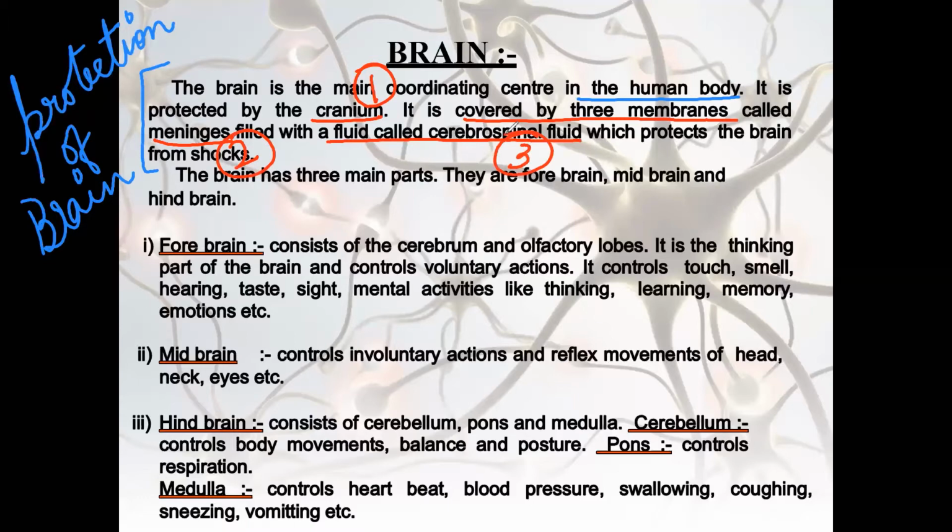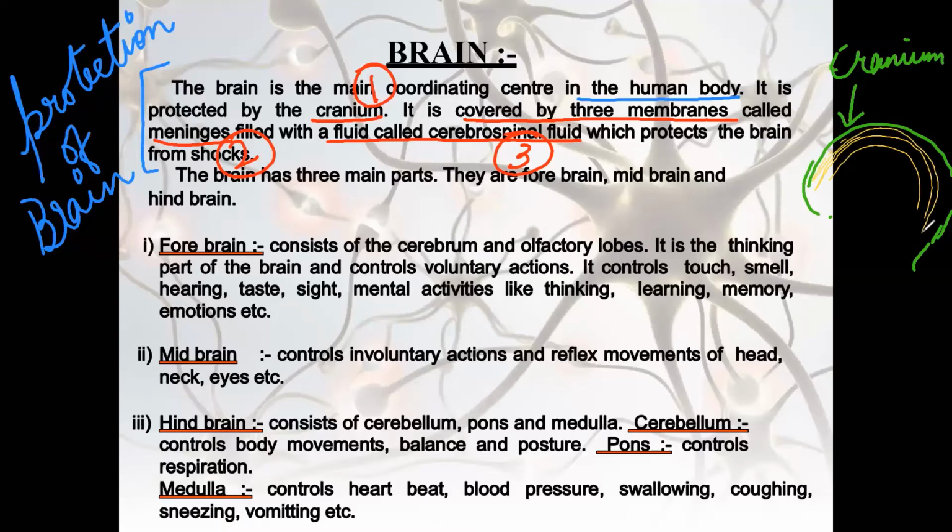So let us try to draw the diagram. Let's say this is the cranium, the skull. Then below the cranium, there are three layers of meninges.